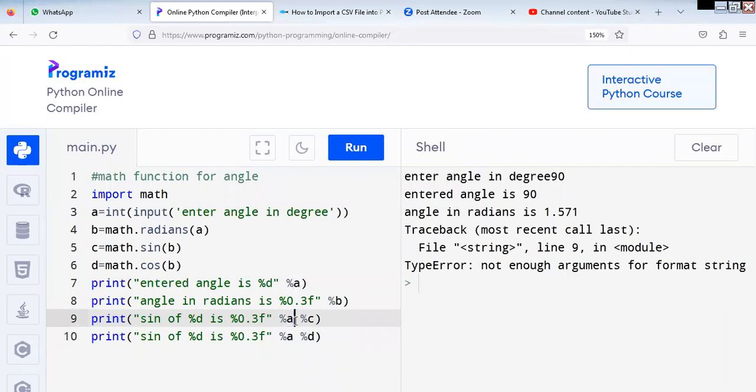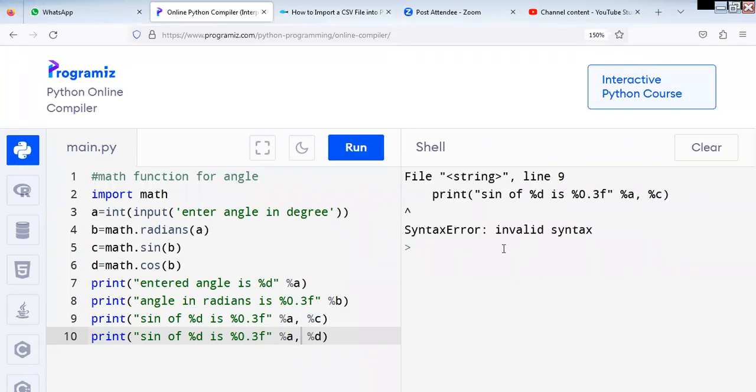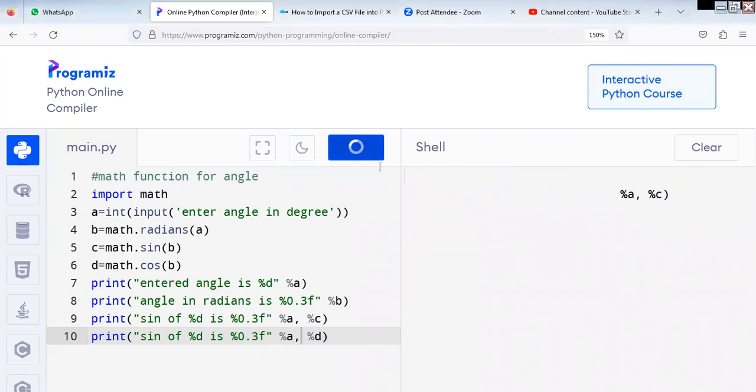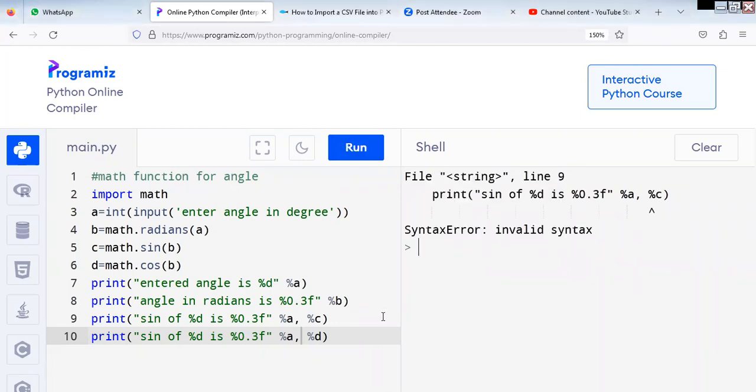Percentage is then maybe comma. So that way we can do the formatting for printing. I only did it for one thing, that's why it is creating a problem. I will send you this program once it does not have mistakes.